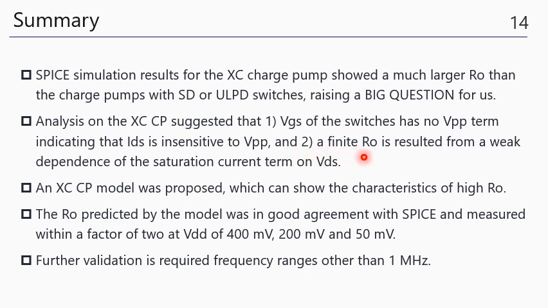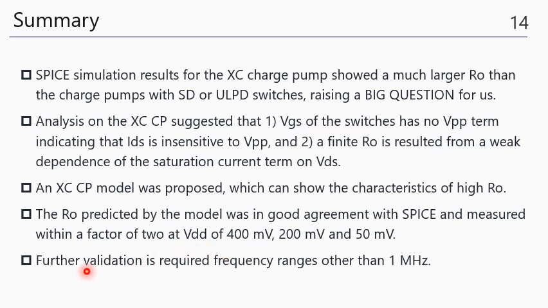However, finite RO results from a weak dependence of the saturation current term on VDS. Then the XCCP model was proposed, which showed the high RO. And RO predicted by the model agreed with the SPICE and measured results within a factor of 2 at valid ranges.